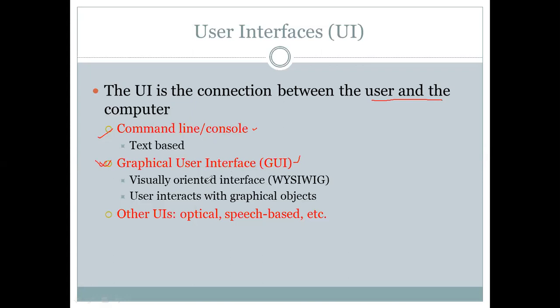Now graphical user interfaces are basically divided again into two types. One is called visually oriented interface. So what do you mean by visually oriented interface? Anyone can explain what is a visually oriented interface? Yes, anyone? GUI can be characterized into two types. One is the visually oriented interface, and the second one is where the user interacts with graphical objects. So let us discuss the first one.